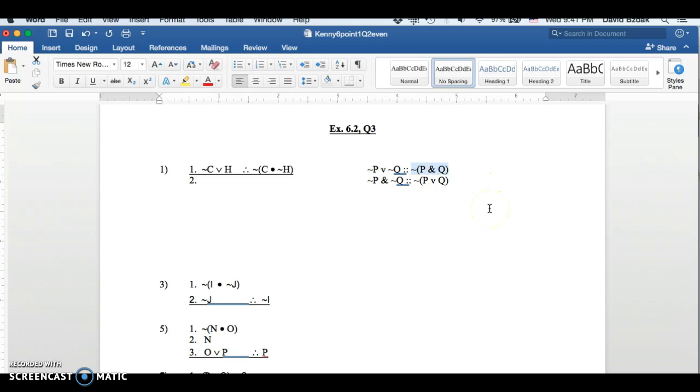So unlike inference rules, which only go one way, right? So think of modus tollens. If you have conditional plus negation of consequent, you get negation of antecedent. It only goes that one way. You need those two inputs to get the one output. But these go either way. If you have this, you can get this, and vice versa. The reason for that is because they're logically equivalent to each other.